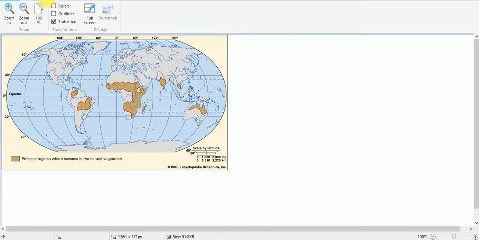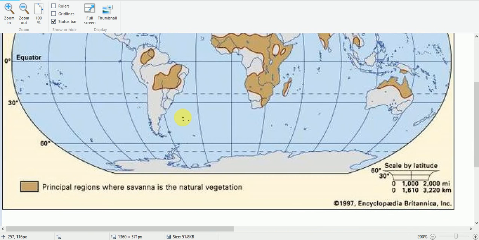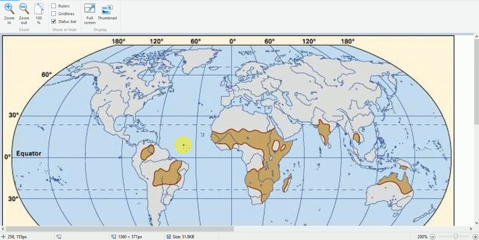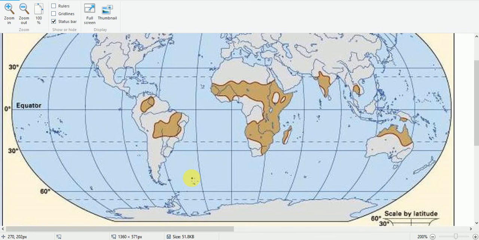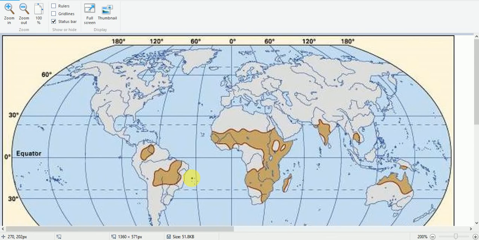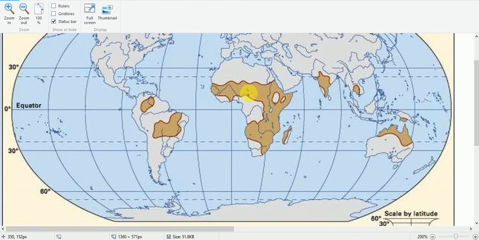Okay, then this is about the savannah, tropical grassland regions. Okay, that map was not clear. Actually, I could not locate properly also, but here you'll find these areas. All these areas show the location of this tropical savannah.